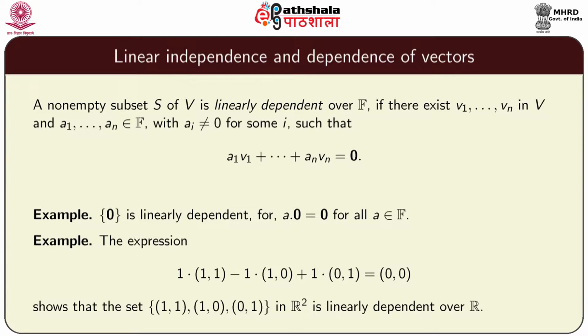That means there are finitely many vectors V1, V2, ..., Vn in V and scalars A1, A2, ..., An in F, such that the linear combination A1 V1 etc. up to An Vn is equal to the 0 vector, but not all the scalars A1, A2, ..., An are 0. That means there is at least one Ai which is not 0. This is what linear dependence of a set is.